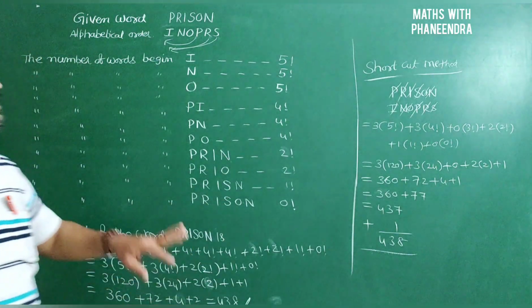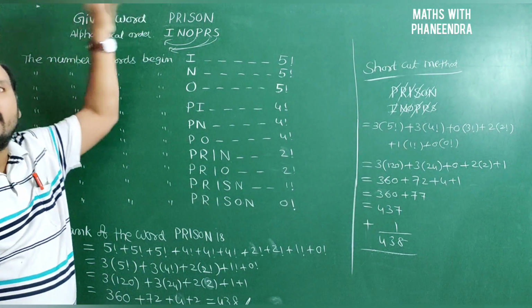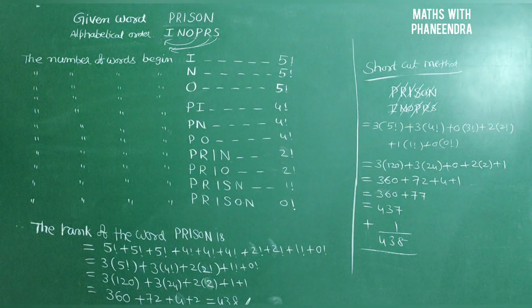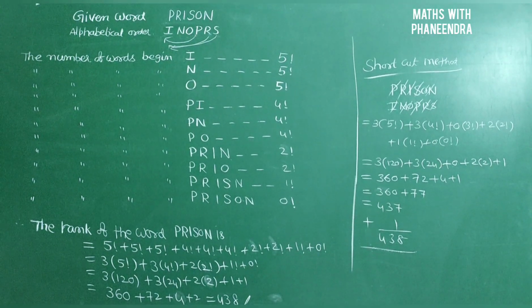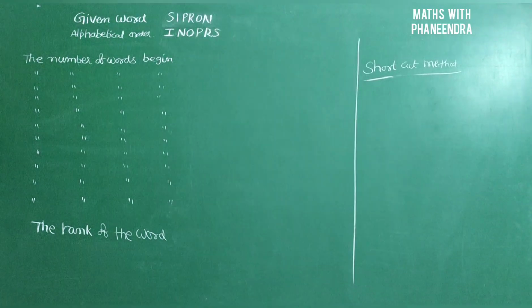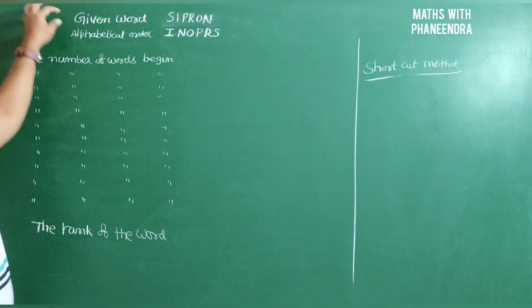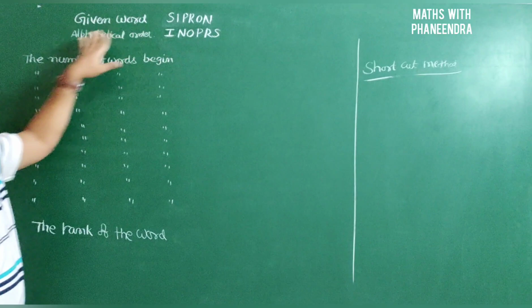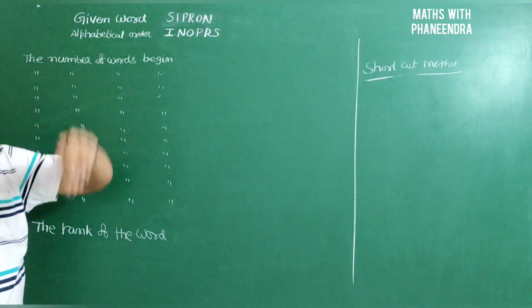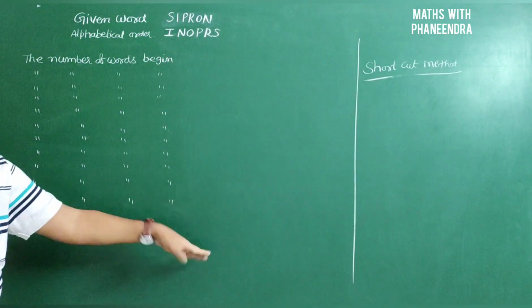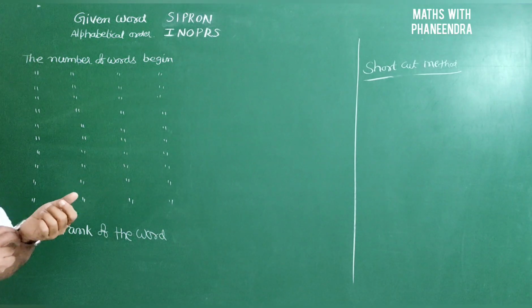We will move to the next and last question, Cypron. The given word is Cypron. We have to arrange it in alphabetical order, after that find the rank like the previous prison.